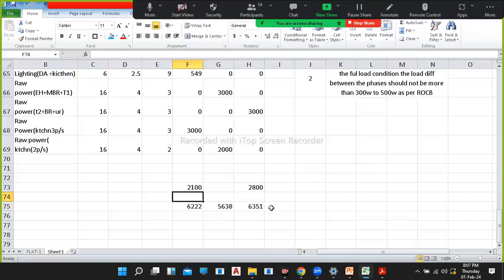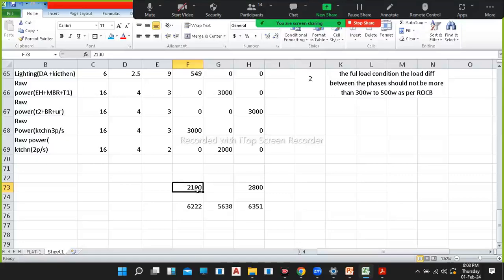Now when you see, guys, 2800 means I have added two ACs of 1400 here, and the one 1.5 ton AC I added here. Am I clear or not? The load is not balanced, but I need to balance. I'm just cross checking before doing the final arrangement, checking where I can do the addition so that it can be balanced easily.